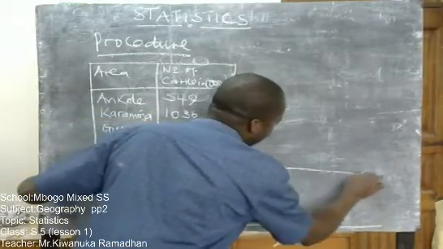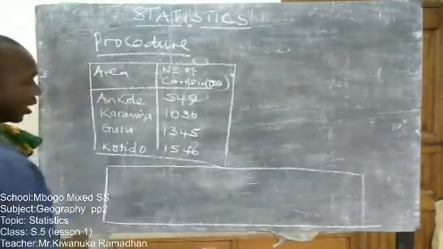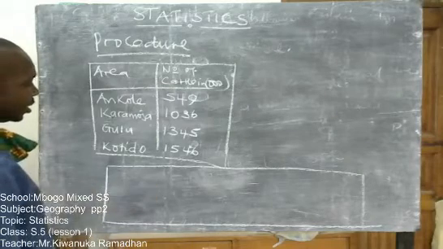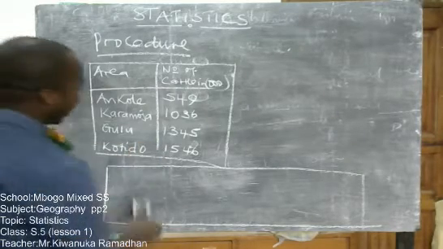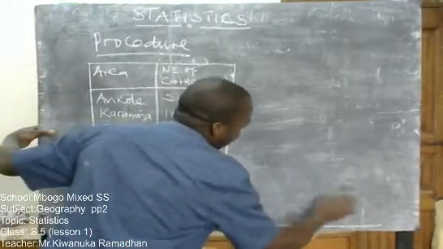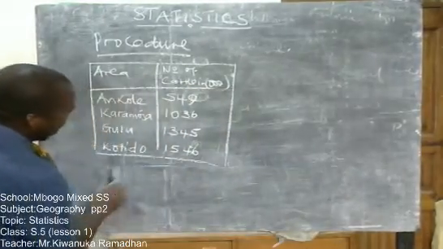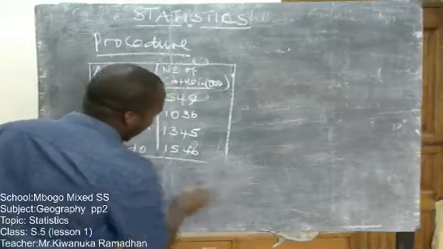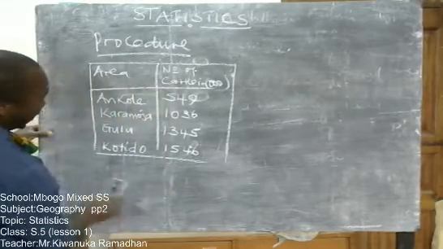But before drawing it, we have to first of all get the scale. How do you get the scale? We are going to use the table of results.